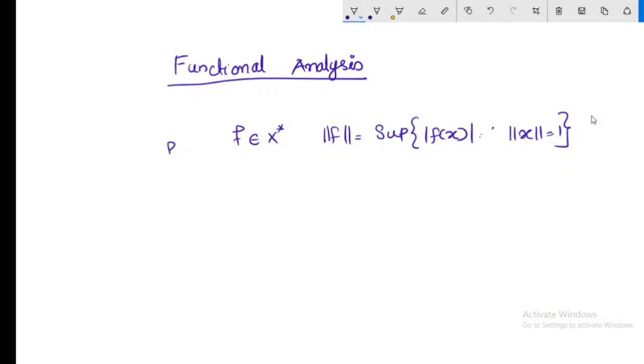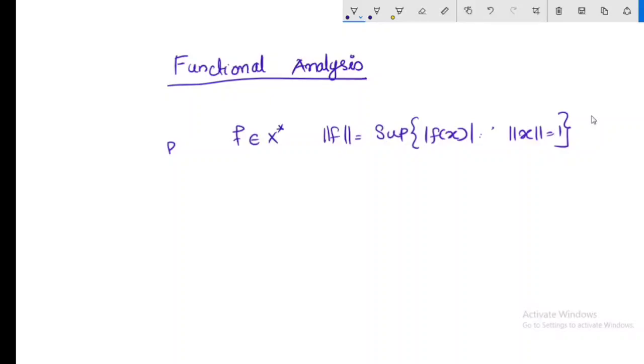Also, there are various expansions for the norm of f, but we have defined it like this: the supremum of modulus of f of x such that norm of x equals 1. This is the definition of the norm.